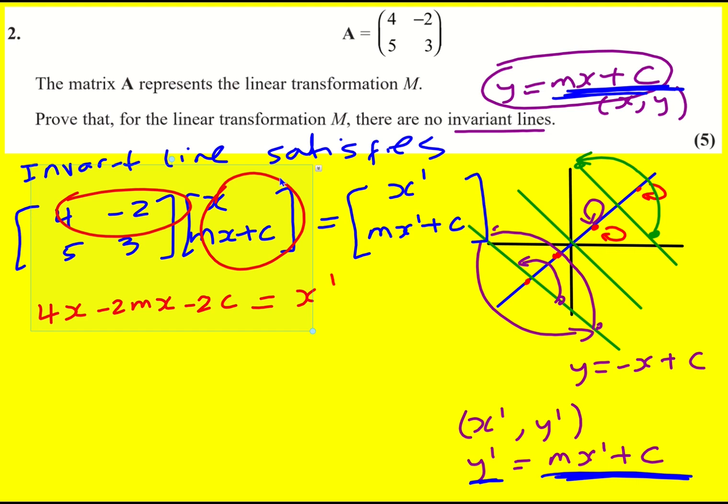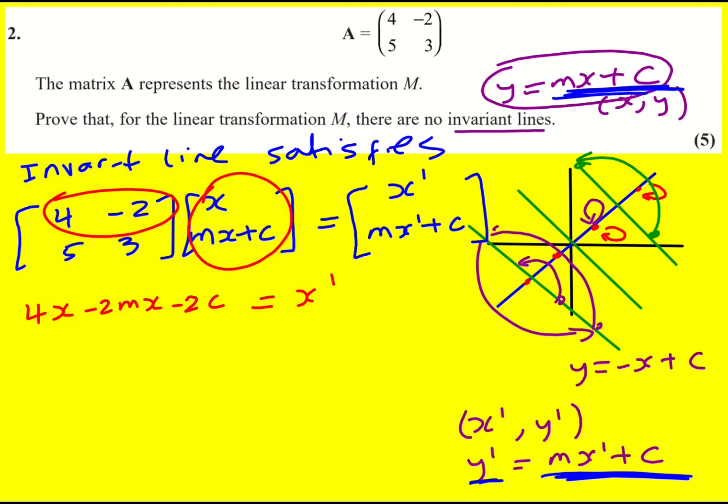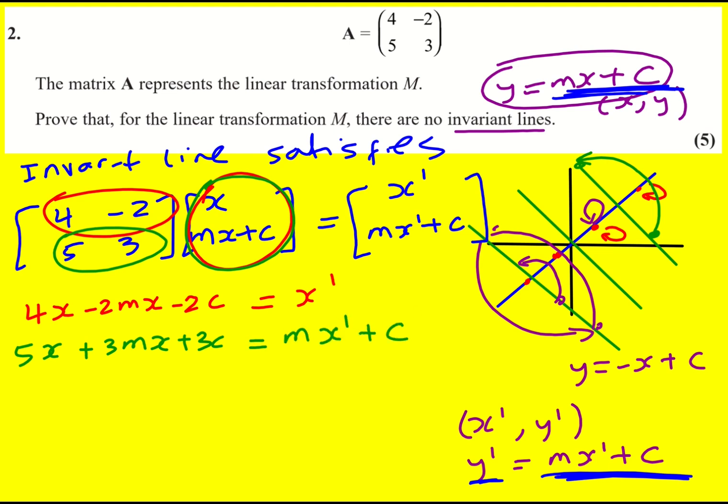And then keep that, and then do the next row. I'm going to get 5x plus 3mx plus 3c, and then that is going to equal mx dash plus c. Of course, this is much more complicated than finding a line of invariant points, but there's a process that works every time.